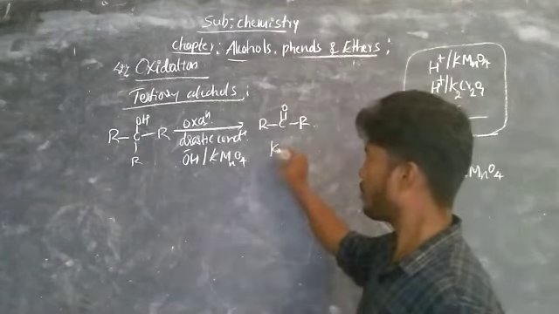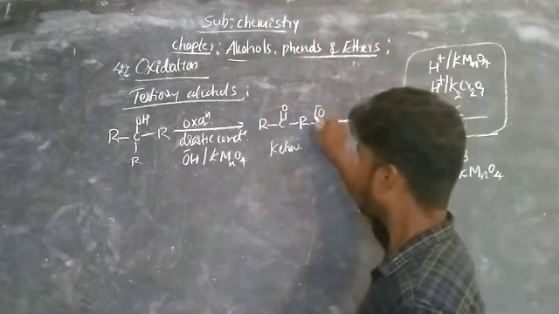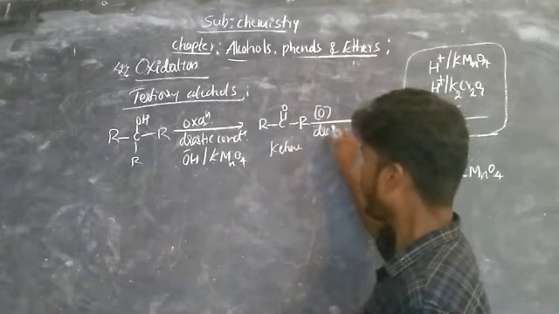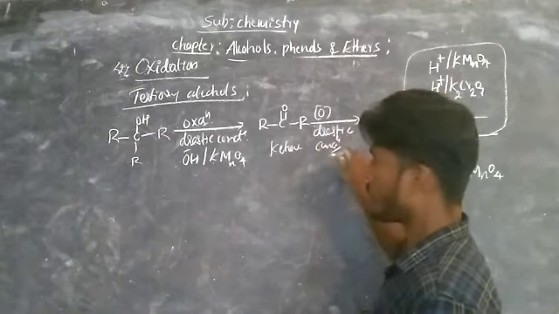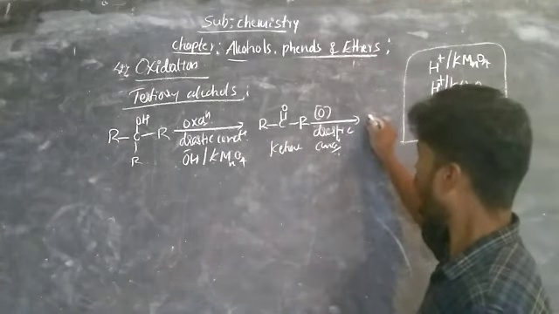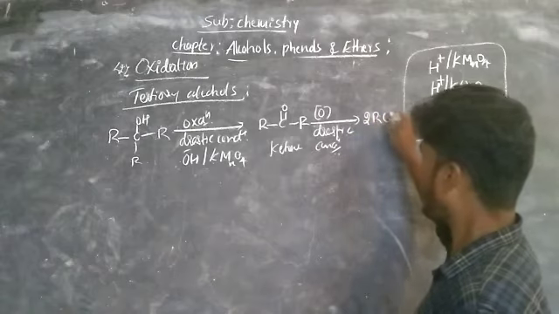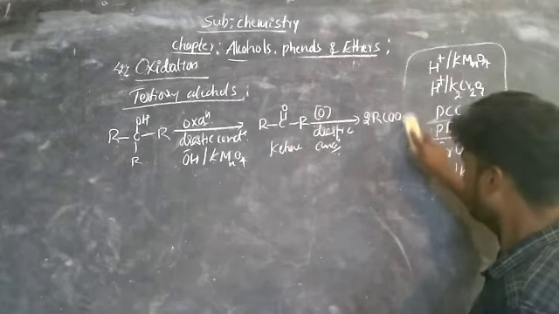So you get ketones from tertiary alcohol, which on further oxidation in drastic condition, meaning a particular condition at a high temperature, you get carboxylic acid, that is two equivalents of COOH. You get the carboxylic acid.